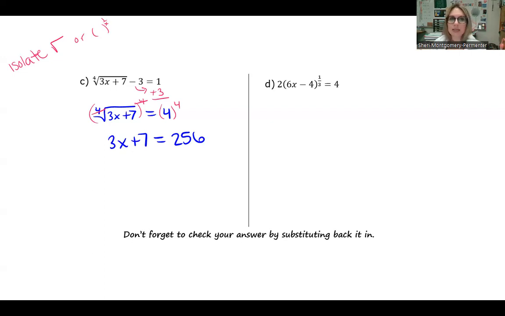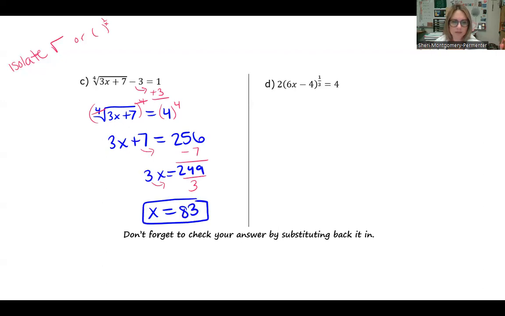All right. So now it's a two-step equation here, friends. What do I do? Very good. Subtract 7. What is 256 minus 7? 249. My last step, what do I do? That's a big number. So I've got 249 divided by 3. 83.